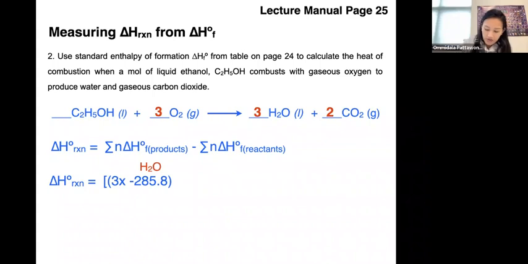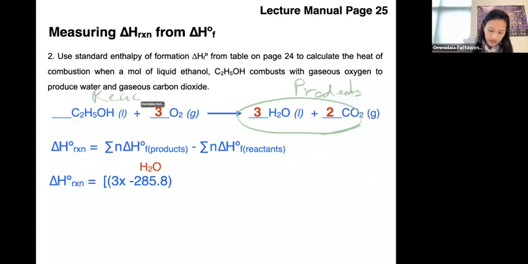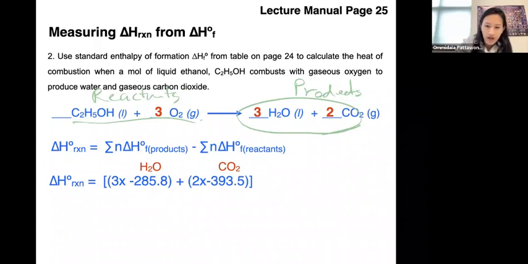We need to do the product first, so it's product minus reactant. So you do 3, the coefficient of water, added to carbon dioxide, which is 2 times the enthalpy of formation of carbon dioxide, minus the term for the oxygen and ethanol together. Remember, oxygen is already in its standard state, so that's why you are going to see the value of ΔHf equal to 0.